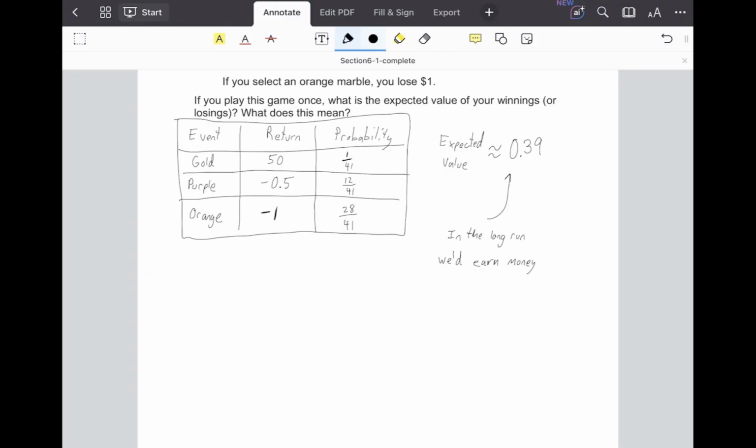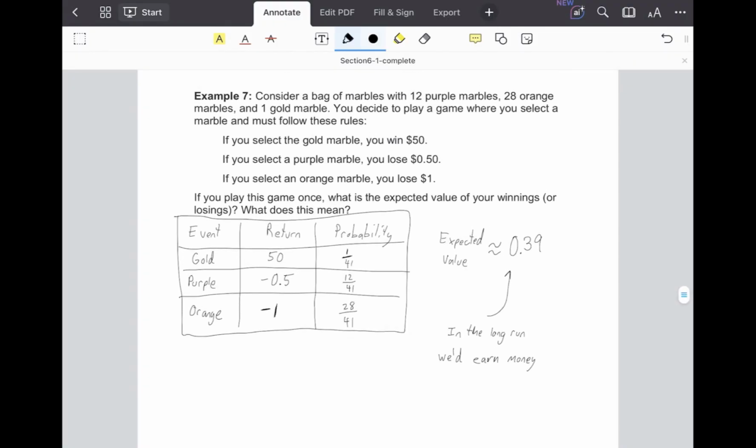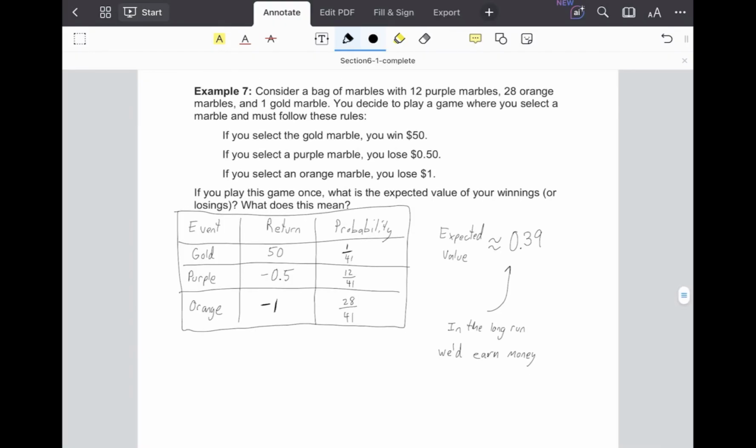So this would actually be a game if someone offered you to play it 1,000 times, you would want to agree to play this game. You'd likely end up earning money.